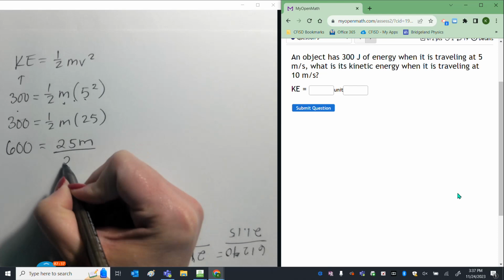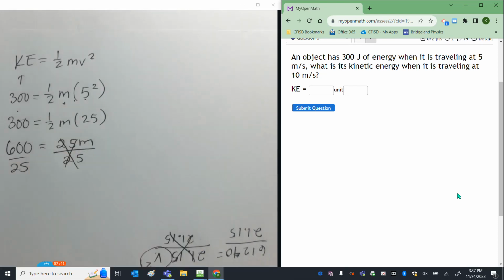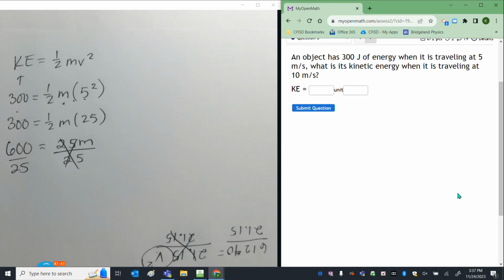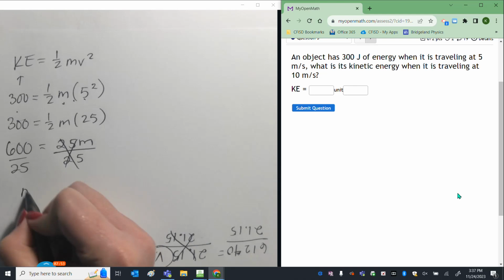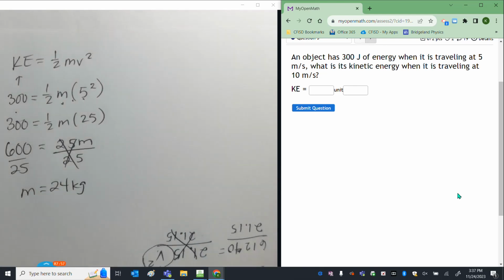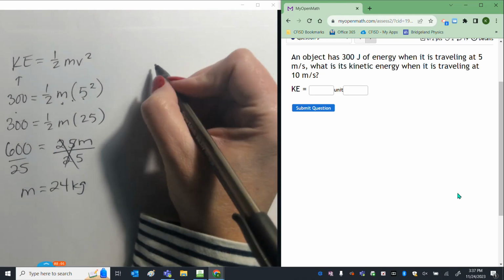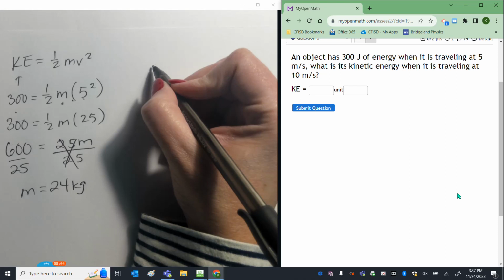Then we divide both sides by 25 to get our mass. 600 divided by 25 is 24, and so our mass is 24 kilograms. Now that we know the mass and it's the same object, we can figure out what its kinetic energy would be when it's traveling 10 meters per second.